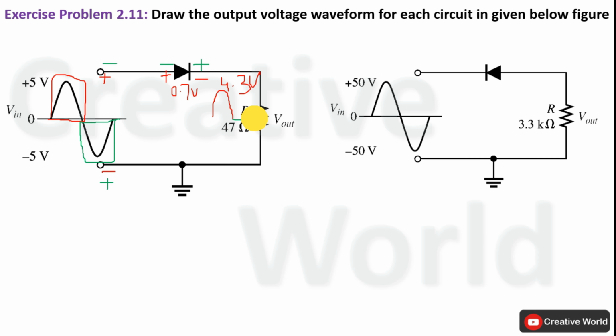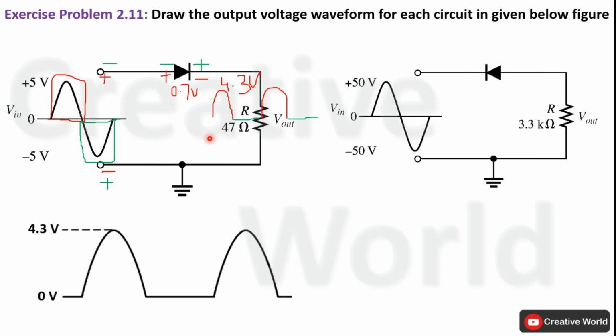So we will have 0 volt across this resistance during the negative half cycle of the AC input voltage. In this case, we will get the output voltage waveform across this load resistor something like this. So the output voltage waveform in this circuit diagram will be like this. We are getting a half wave rectified voltage across this load resistor which has a peak value of 4.3 volt.